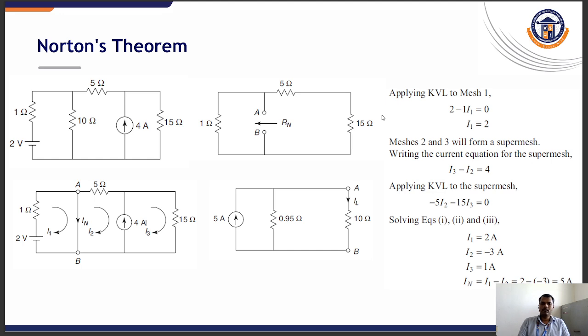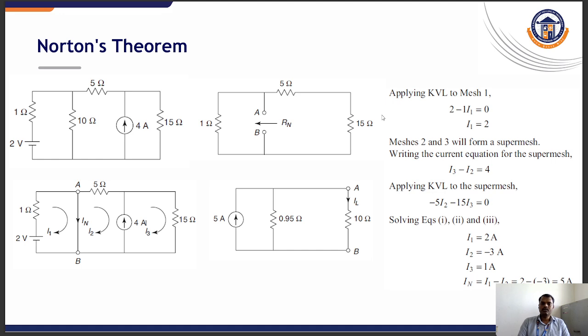So this is how we have to construct the simple equivalent circuit from the complex linear circuit using Norton's theorem. The prime difference between Thevenin and Norton is that Norton has a single current source in parallel with a resistor, whereas Thevenin has a single voltage source in series with the resistor.